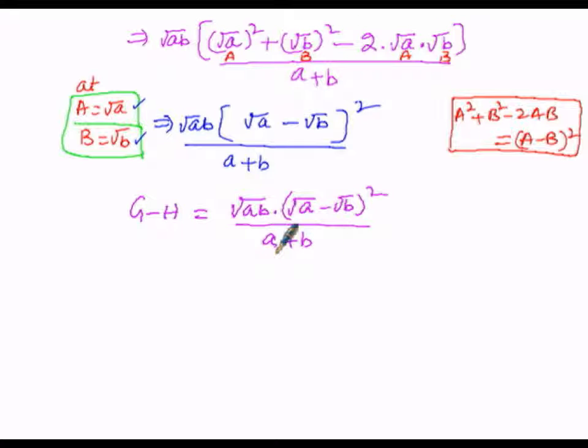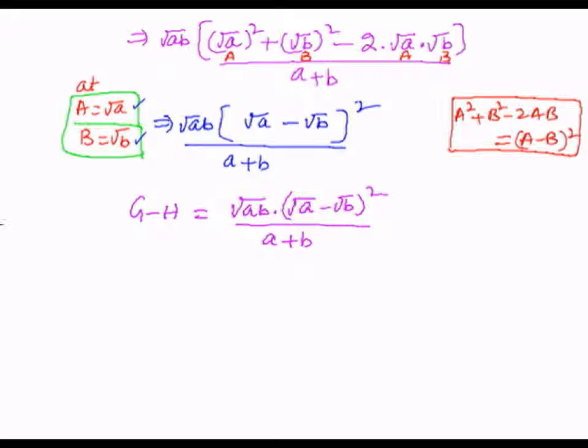But here on the right hand side, root a minus root b whole square is a perfect square. A perfect square multiplied with root ab also gives us a perfect square. So the right hand side quantity has a perfect square. Since there is a perfect square on the right hand side, the g minus h value will always be greater than or at least equal to 0.